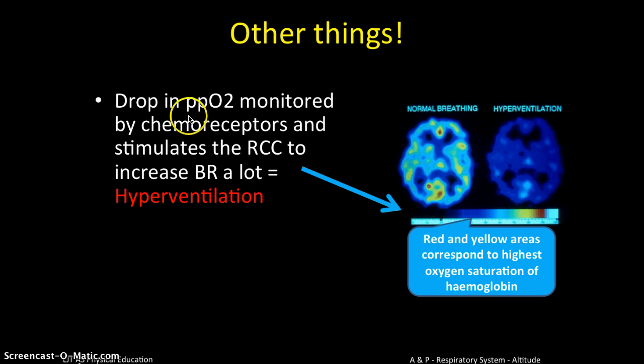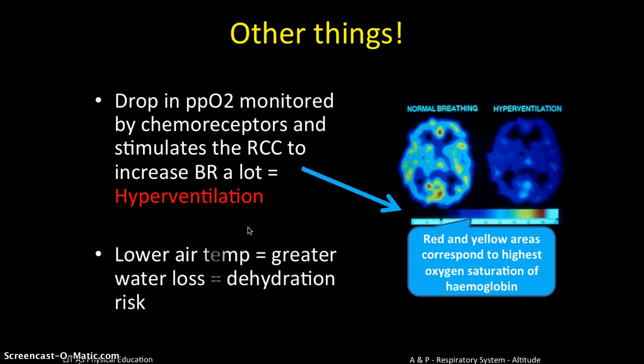So the drop in partial pressure of oxygen in your blood is picked up by the chemoreceptors, is recognised, and as a result, your respiratory control centre tries to increase breathing rate, or does increase breathing rate a lot, and that's called hyperventilation.